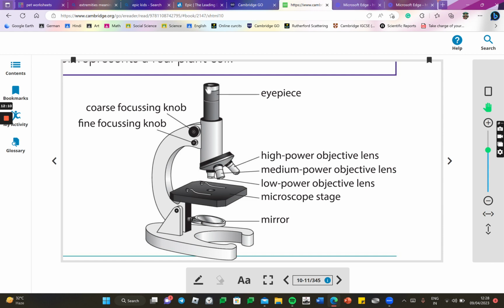Then there's the eyepiece. There are different types of eyepiece: one is for going deeper, one is just simple, and one is very deep. Now this is the coarse focusing knob and the fine focusing knob. These make the microscope go up and down like this.